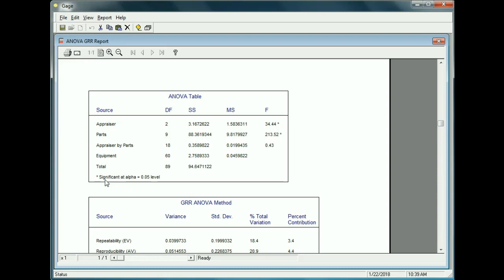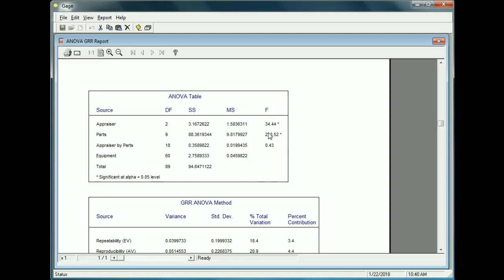So at the 5% level of significance, we're saying that the appraiser component contributes significantly to the overall variation, as do the parts. If we calculate the F ratio for parts, we take this number and divide it by the error component, and it comes out to be a large number, 213.52.